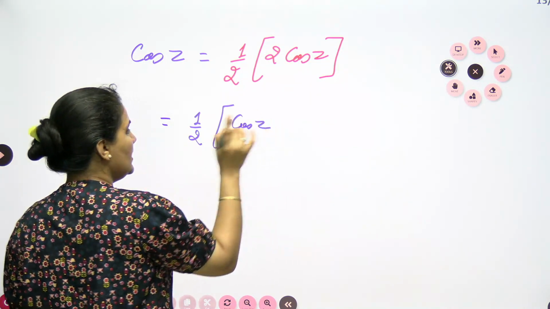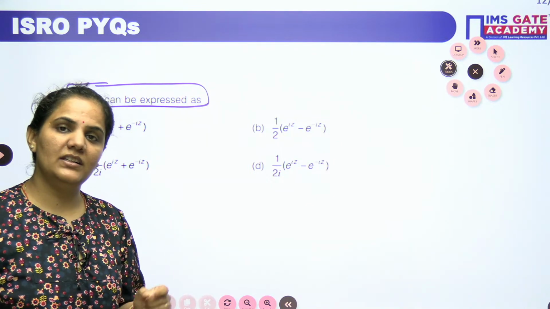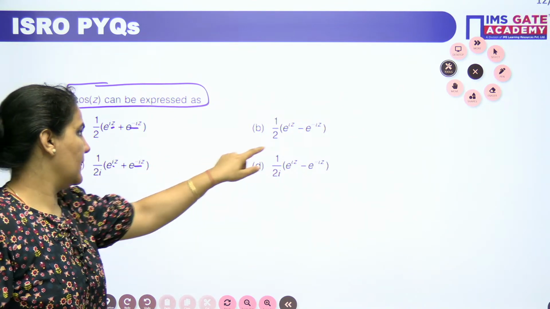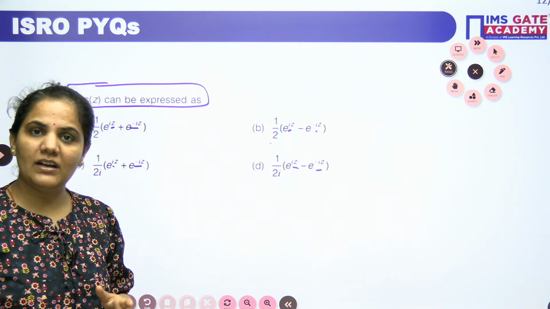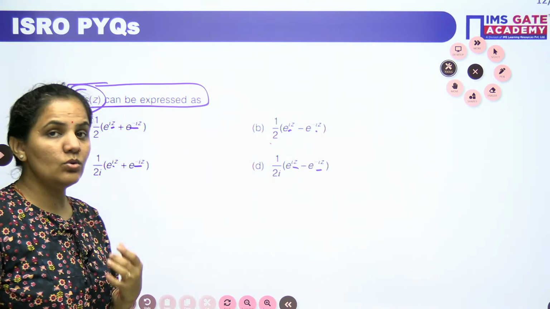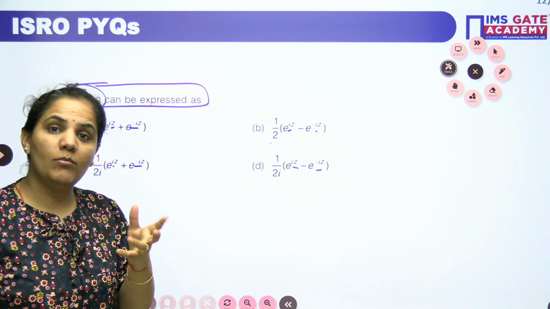Now 2 cos z, can I write it like this? I can observe one very simple thing through the options, that in every option it is mentioned in the form of iota. Right now we are having only cos z, so we need to write down the question in the form of iota.